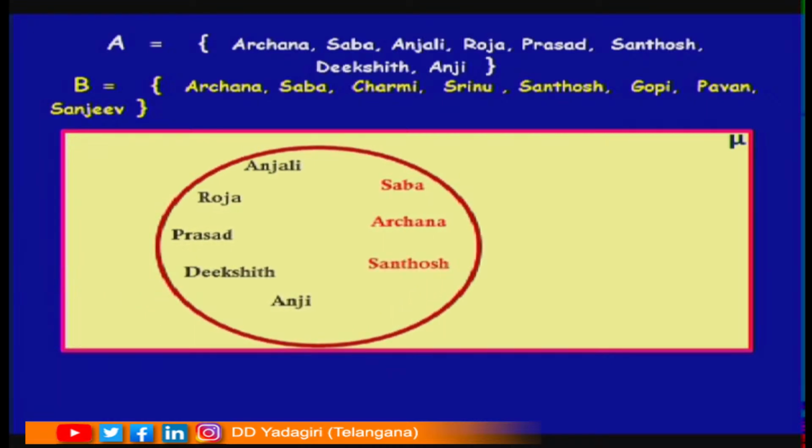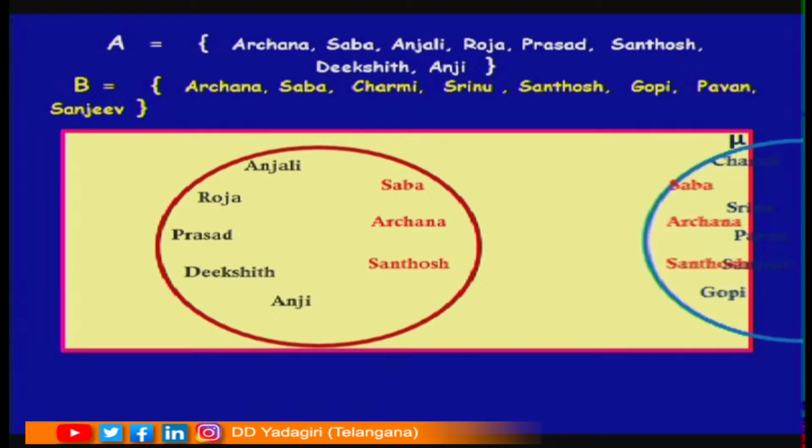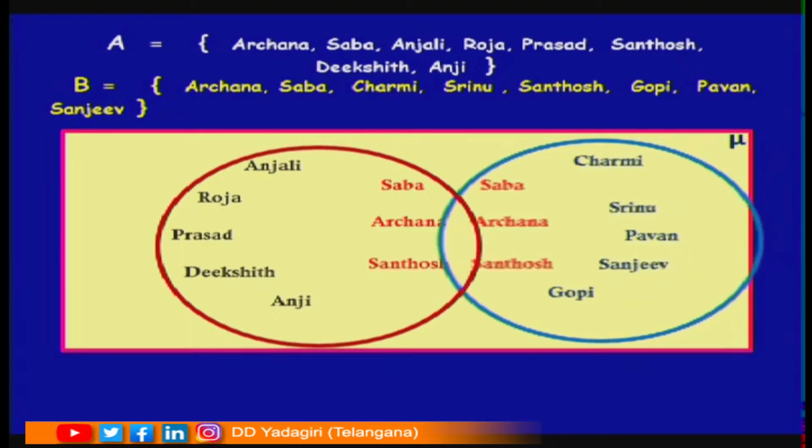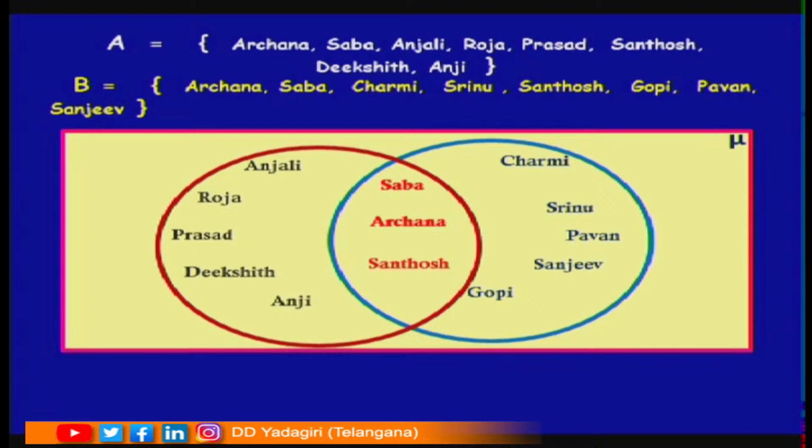When you combine both sets, they are overlapping. The overlapping region holds the common elements of both sets; you see here Sabha, Archana and Santosh.